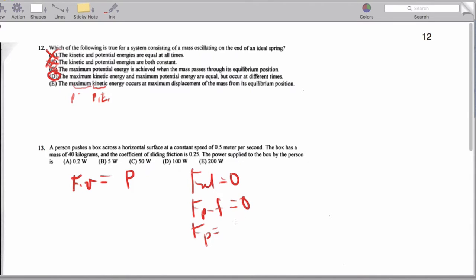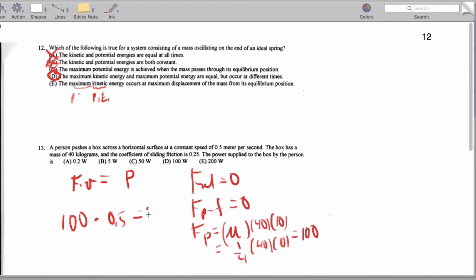So the force of pushing is going to be mu times 40 times 10, which is 0.25 times 40 times 10, which is 100 newtons. So the pushing force of the person is 100 newtons times 0.5, and that gives me 50 watts of power. That's F times v. All right.